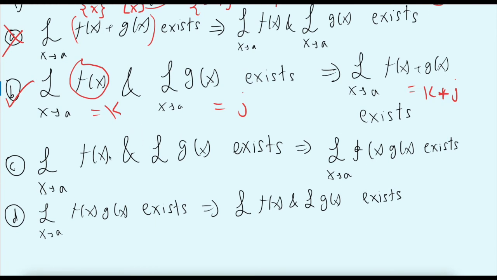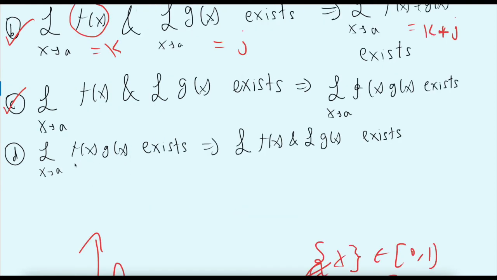Now same logic over here. And now for this one, the functions which might come to most people's mind are x and 1 by x. Okay, and we'll take a as 0. So at x equal to 0, f of x is equal to 0 and g of x is equal to 1 by k, limit as k tends to 0.